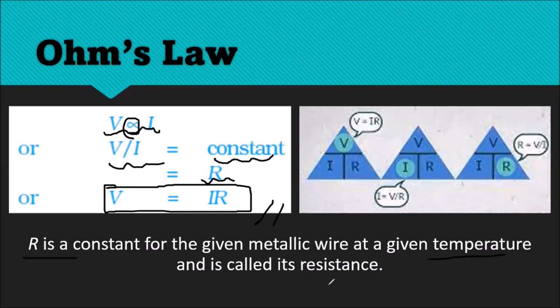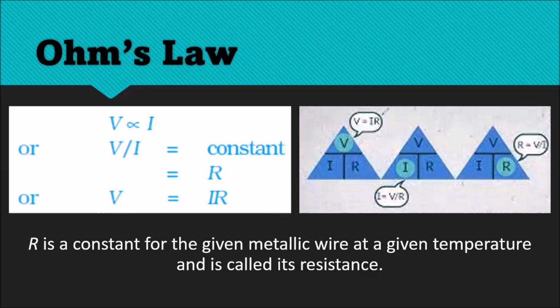Obviously, temperature remains constant, and there are some factors which affect resistance, which we'll talk about in upcoming videos. Based on rearrangement, we can get the formula V is equal to IR, I is equal to V upon R, or R is equal to V upon I.